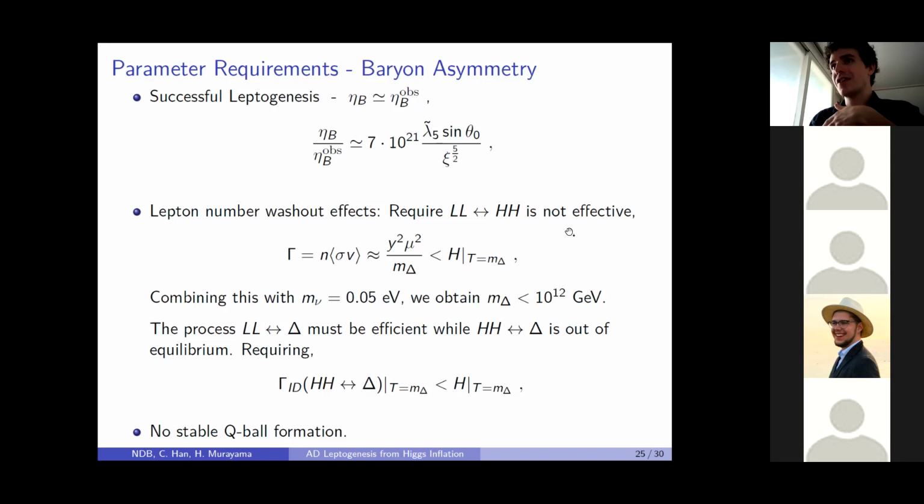By requiring this, you automatically require this one. So we mainly rely on this constraint here, and this is given here. I'll show you the plot. You can see which parameters are excluded by this washout region, but there's a large region in which we don't have problems with washout.